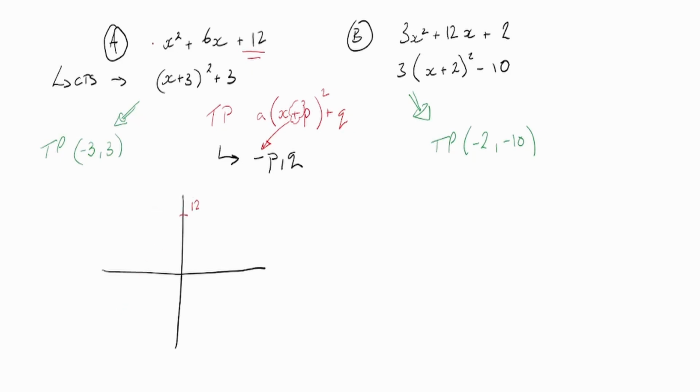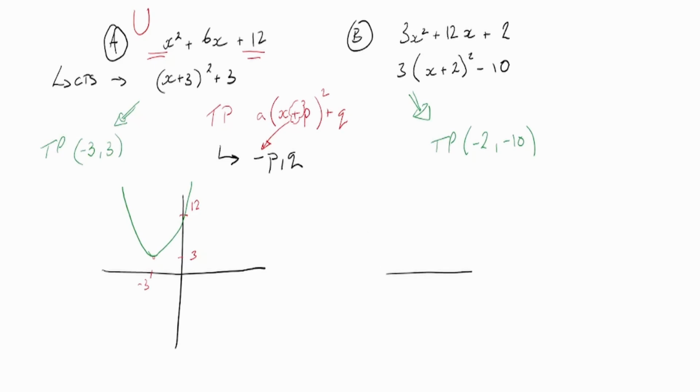I know that it's a positive quadratic, so it's going to look like a U shape, and the turning point is at minus 3 and 3. Bearing in mind, it's just a sketch. So this particular curve goes through there like that and up there like that. That would be the sketch of that. Not particularly brilliant, but it is a sketch of what we've got.